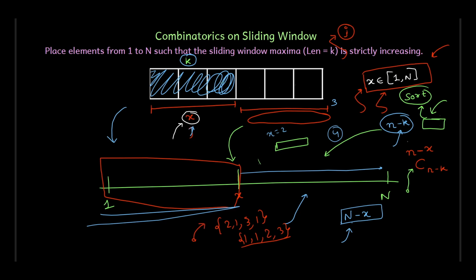So this means there are this many ways to select elements on the right hand side. You can place all the non-special elements in this many ways: there are N minus x choices available to you, and from that you have to fill N minus k boxes.